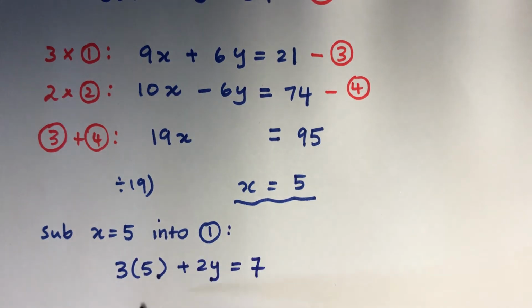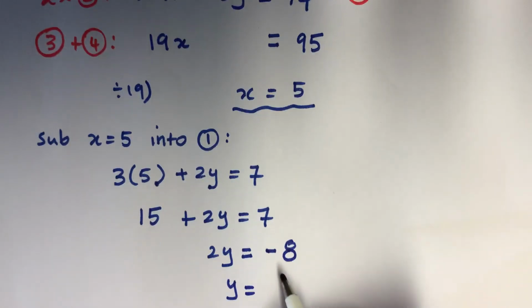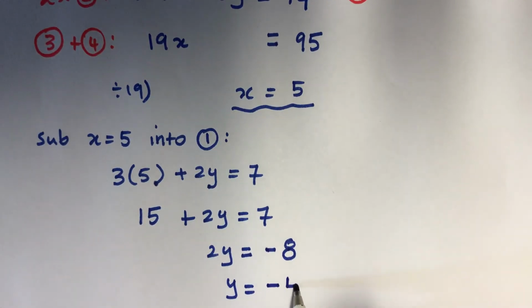So it's going to be 15 plus 2y equals 7. And 2y equals, what is it? 15 minus 8. So y equals, oops, it'll help if you can see, minus 4.